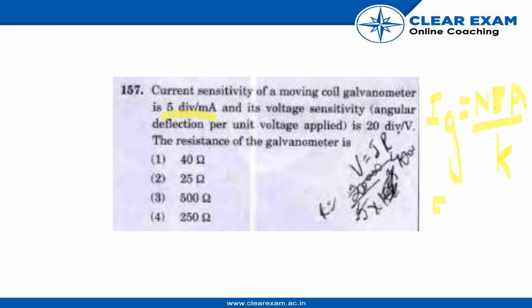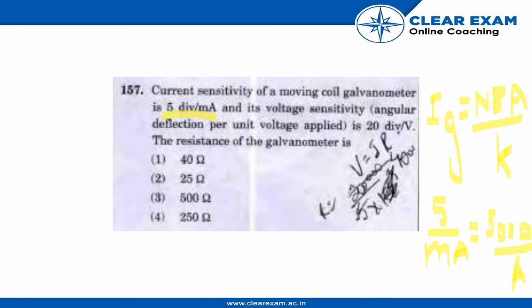So 5 upon micro ohm, so it is equal to 5000 divisions per ampere.